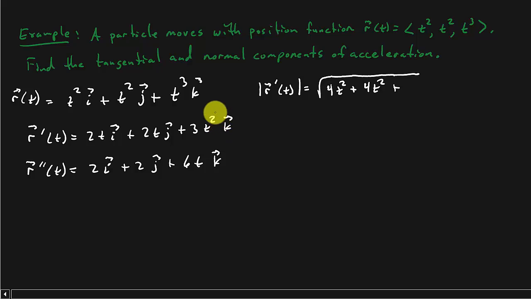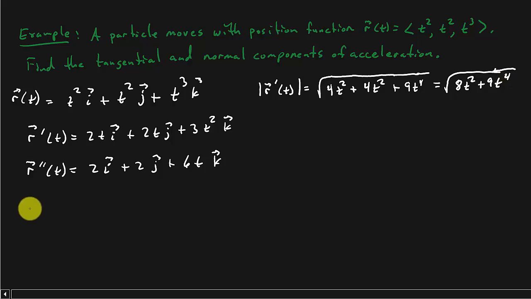And then 3t squared, all of that squared. So that's going to be 9t to the fourth. And so I get the square root of 8t squared plus 9t to the fourth. Now, let me clean that up some. All right. So there's the magnitude.